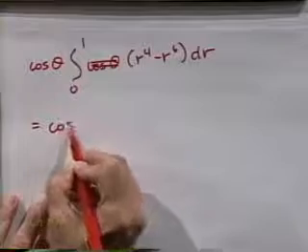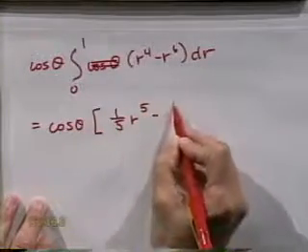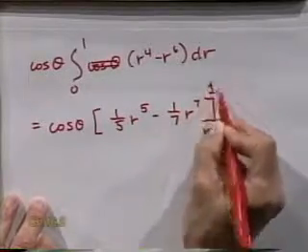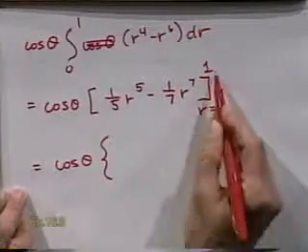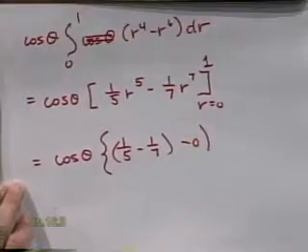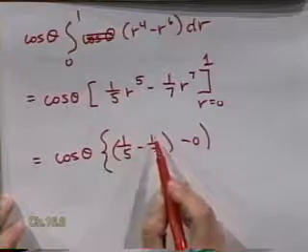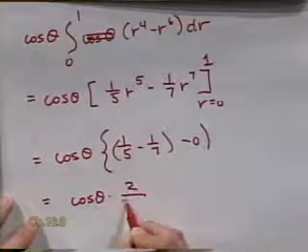And this gives me cosine theta times 1/5 r to the 5th minus 1/7 r to the 7th as we go from 0 to 1, which gives me cosine theta times 1/5 minus 1/7 minus 0. If you do the fractions, you can write this as 7/35 minus 5/35. So we get cosine theta times 2/35.